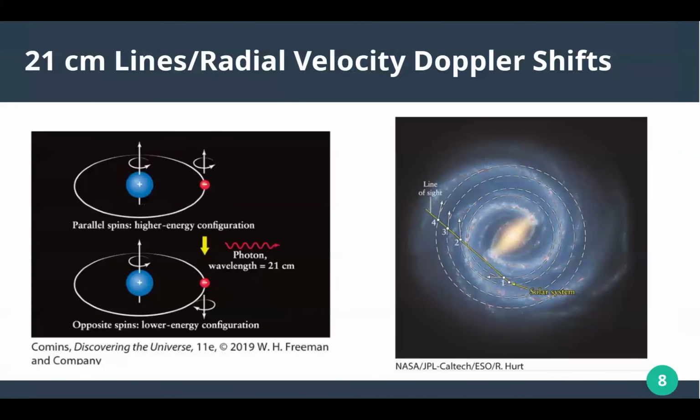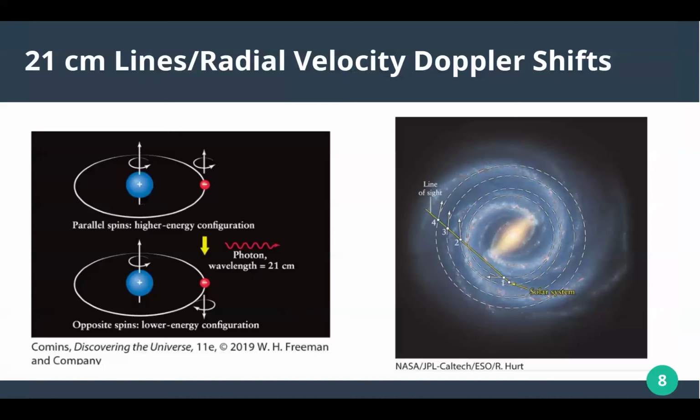We are able to tell the distance of different objects from us that are in the same line of sight by looking for a specific photon wavelength of 21 centimeters, which is caused by the transition of an electron that's spinning one way to an electron that's spinning in an anti-parallel, or opposite, direction.